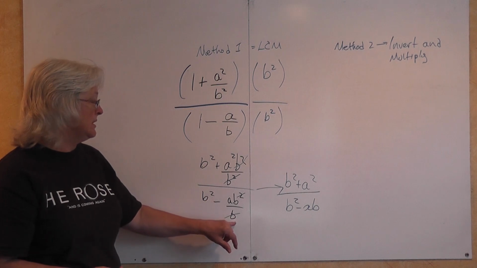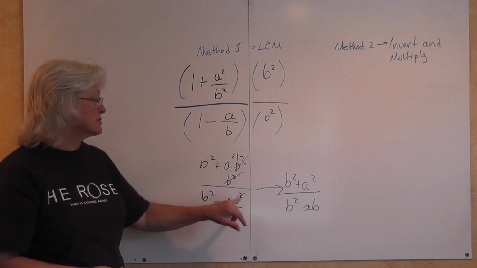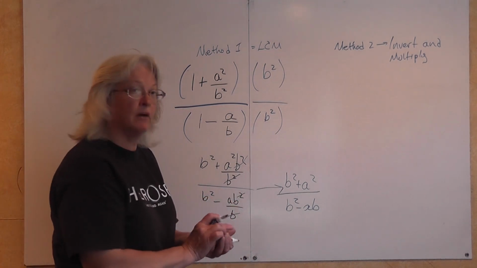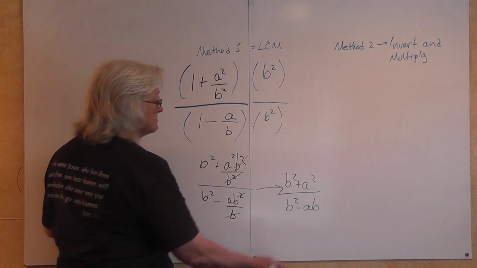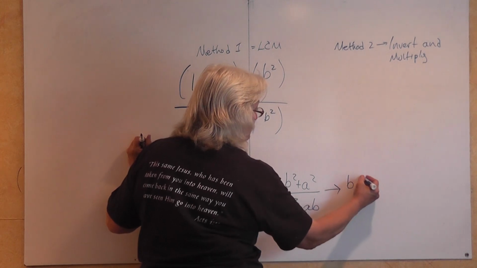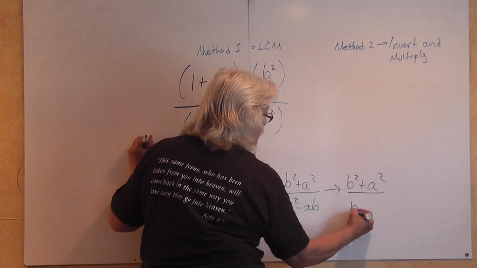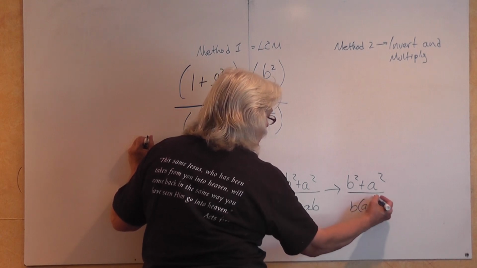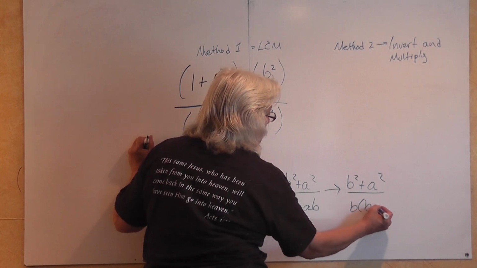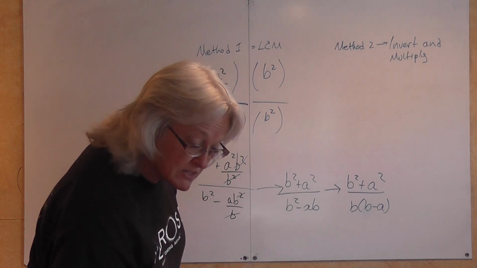Here we've canceled a b, but we still have one factor of b remaining, so it becomes b squared minus ab. Now we have to make certain that we have no common factors. So we have b squared plus a squared over b times b minus a. Everybody look at that and make sure that makes sense to you.